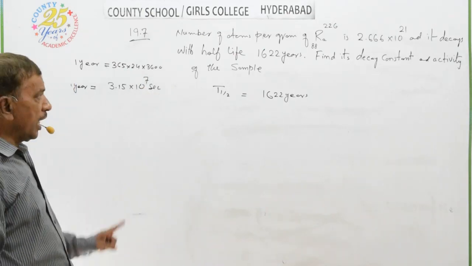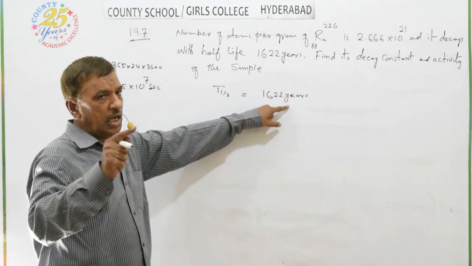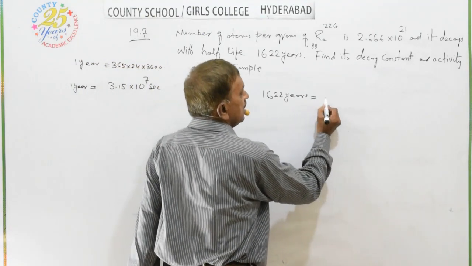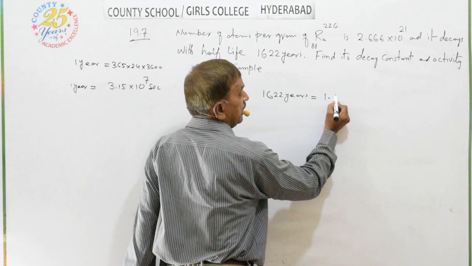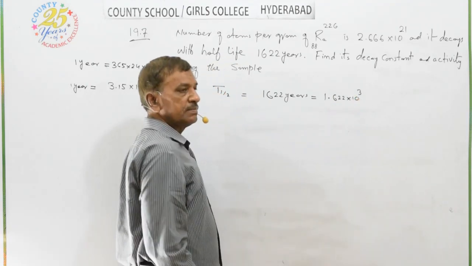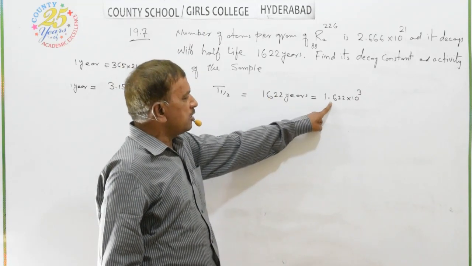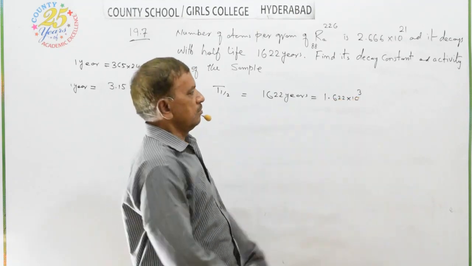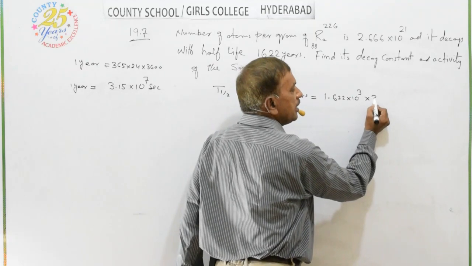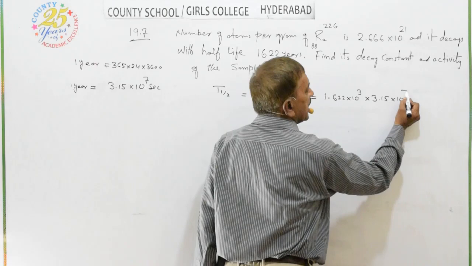So here we have a half-life of 1622 years, and this half-life will be converted into seconds. This may be written as 1.622 into 10 raised to power 3, which is to be multiplied with 3.15 into 10 raised to power 7.